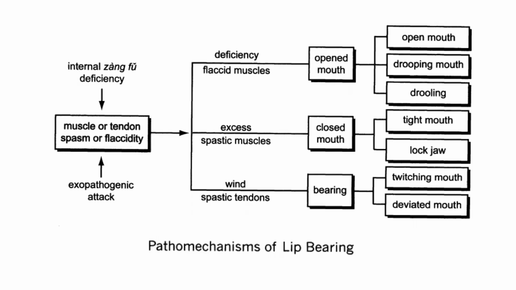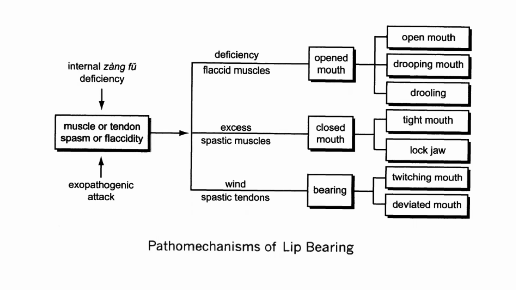First, we have a deficiency, which can be manifested in flaccid muscles. So in open mouth, we have an open mouth, a drooping mouth, and drooling. Another condition is excess. This manifests in spastic muscles.